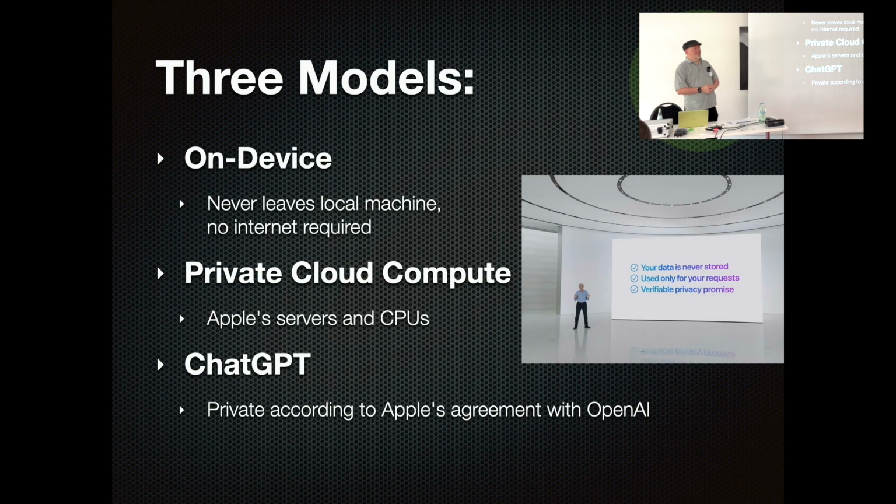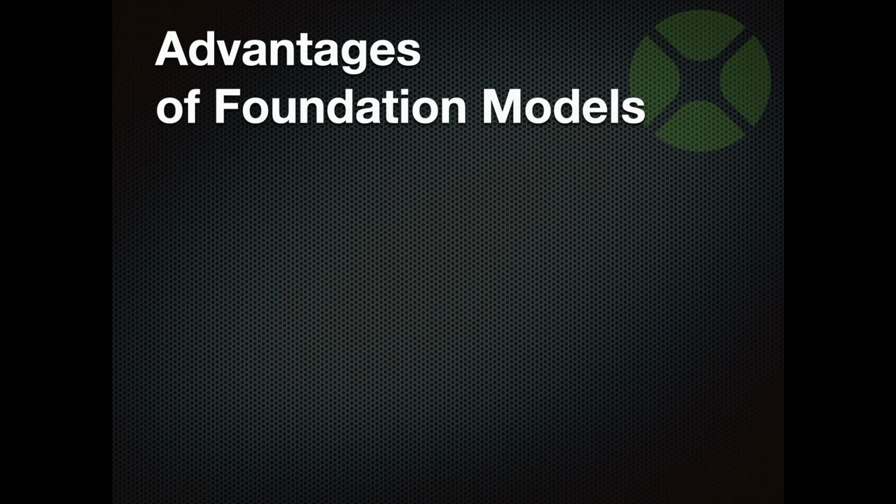You can read what you want into that if you trust that. It's more of a legal agreement than anything you can really guarantee is private. But OpenAI has said that they won't use your data for training and things like that. So these are the three different ones, and they each have some advantages and disadvantages.